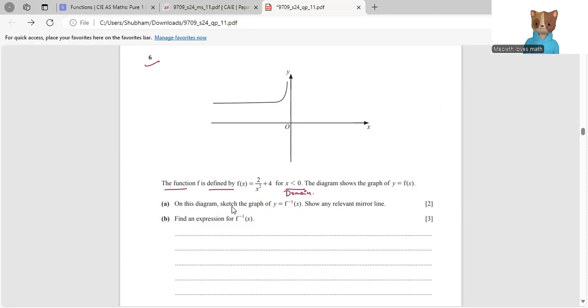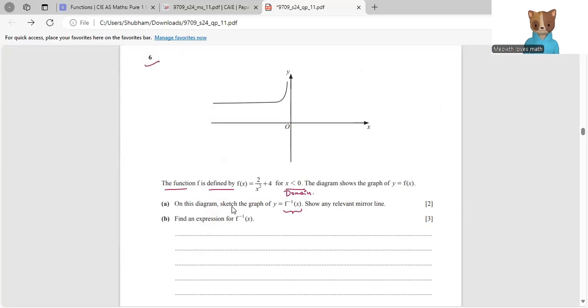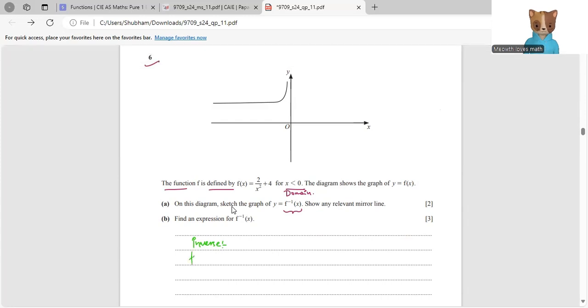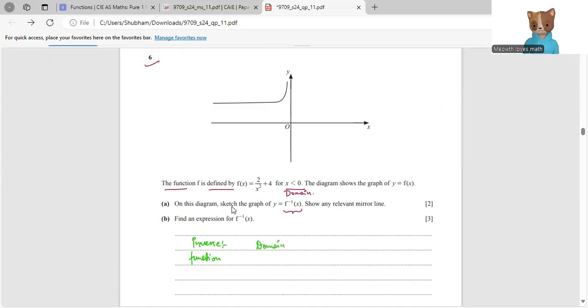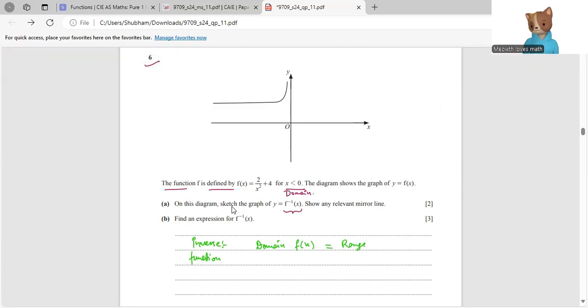Okay. Now, always remember by default, keep it in your mind. Whenever something is asked about inverse function, there are two things which should immediately click in your mind. Blindly remember the domain of f of x will become the range of f inverse of x.